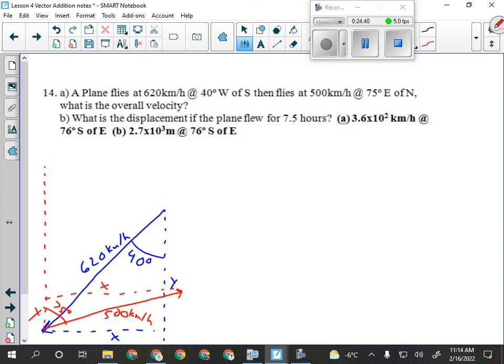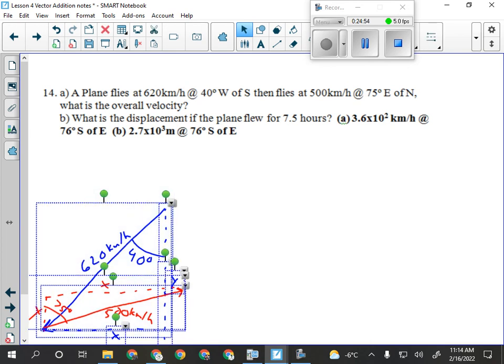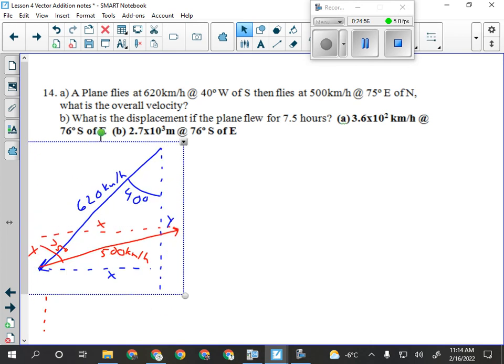My 500 is definitely less than the 620, and I got a 75 degree angle there, so okay, that seems about right. But it's a pretty crazy diagram because there's a lot of backtracking. Okay, but again, scale is important.